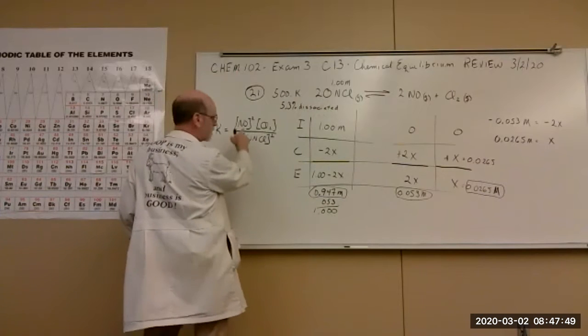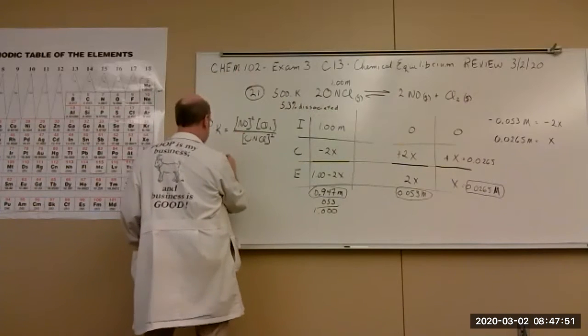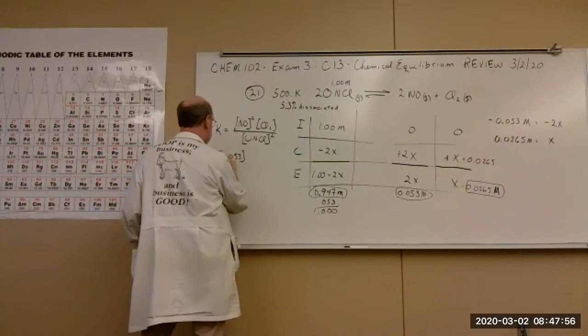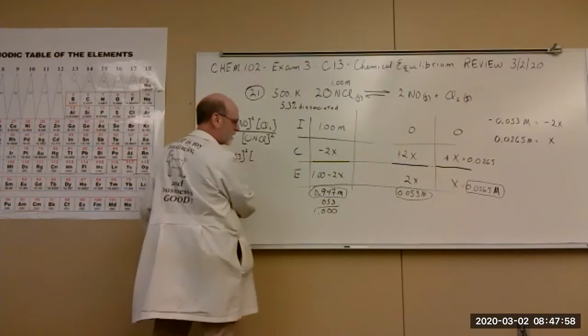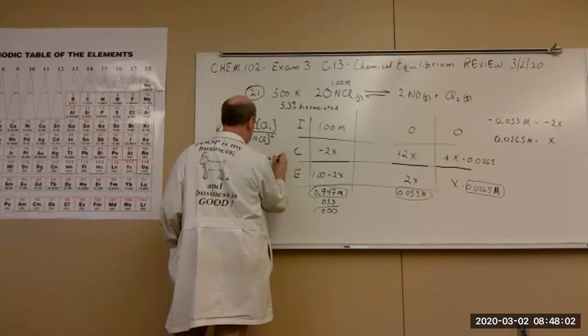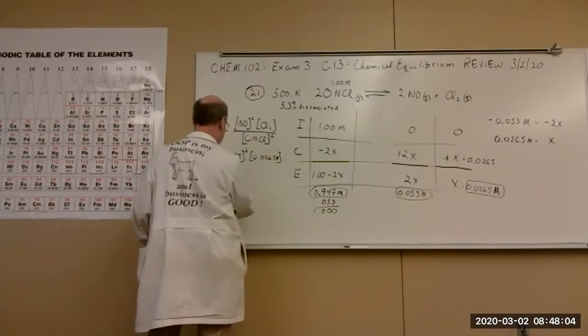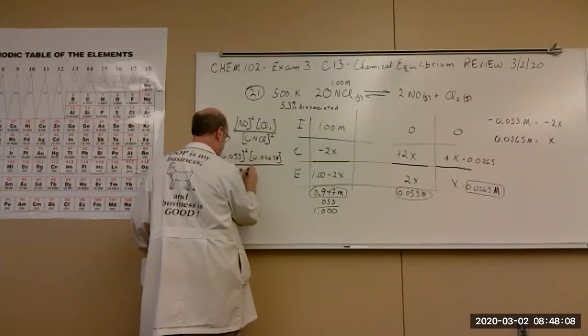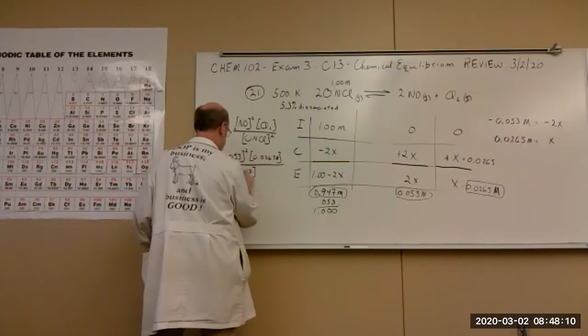So we got, NO is 0.053 squared. And then chlorine is 0.0265 divided by 0.947 squared.